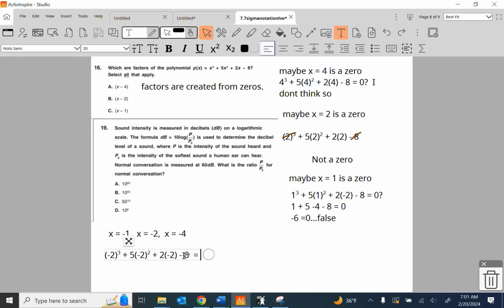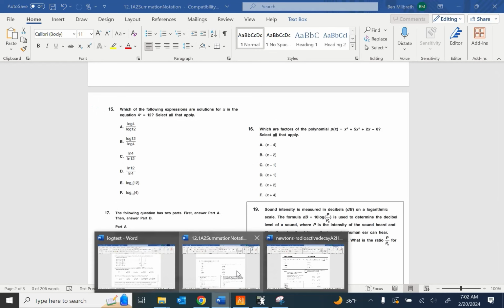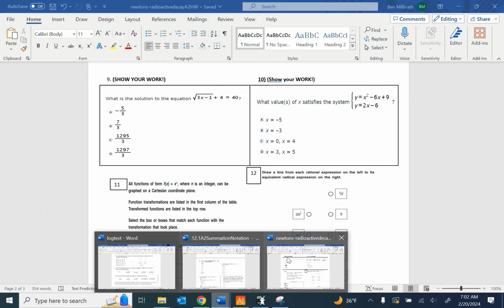That's going to be negative 8 minus 8. This is going to be plus 20 minus 4 minus 8. And there is a 0. Yay! So I know that choice E, which was x plus 2, is a 0.